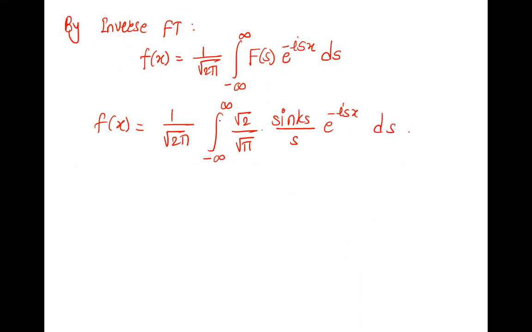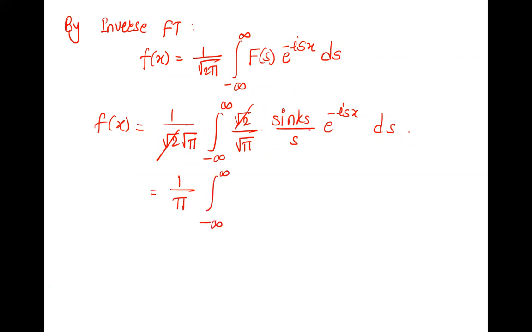Here it is 1 upon root 2 pi. Let me just write root 2 into root pi. So here root 2 gets cancelled, and root pi into root pi is pi. Pi is a constant and can come out of the integration.